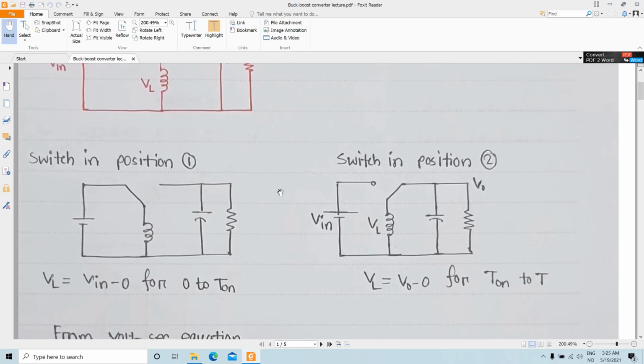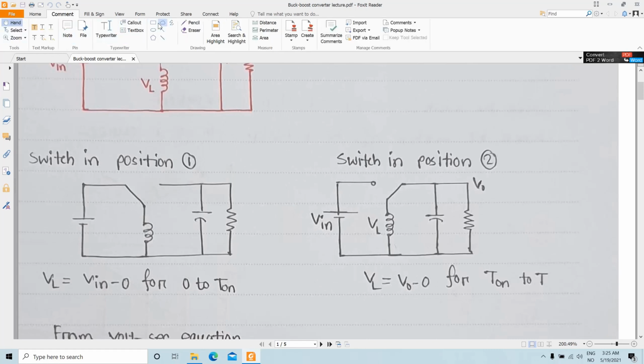When this switch is connected to position number 1, as can be seen from the figure on the left, the voltage across the inductor, if I draw it here, this is our VL, and this is our V in.